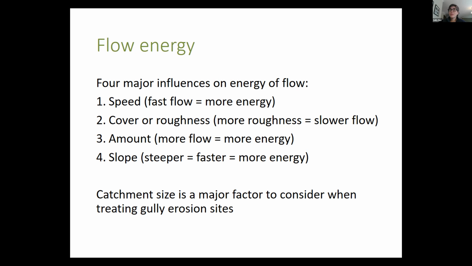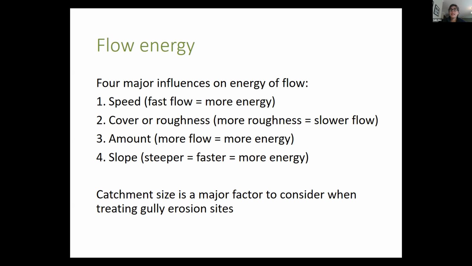The second is cover, how much grass you have on those slopes, or what I also call roughness. If we think of all those little blades of grass, a bit like bristles on a brush, they're slowing water down as it hits that grass all the time. So the more grass we have, the more roughness we have, the more that can slow the flow down, which reduces the impact of the water across that soil surface.